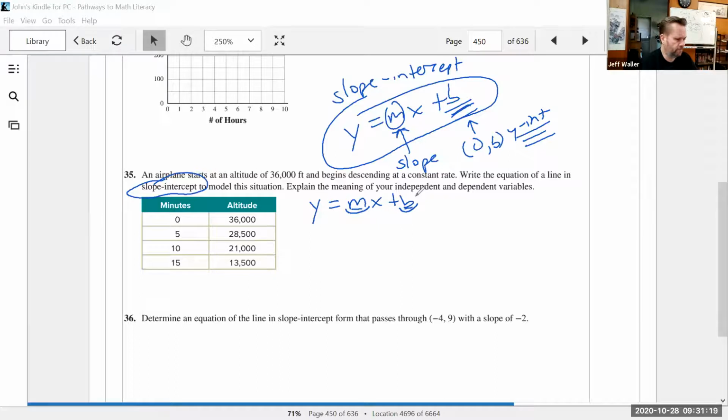Y. Yeah, what is it? 36,000. Yeah, because when the input is 0, the output is 36,000. So I know that that's 36,000. So now I can focus my attention on what the slope is. I'll give you just another few seconds to figure out what the slope is.